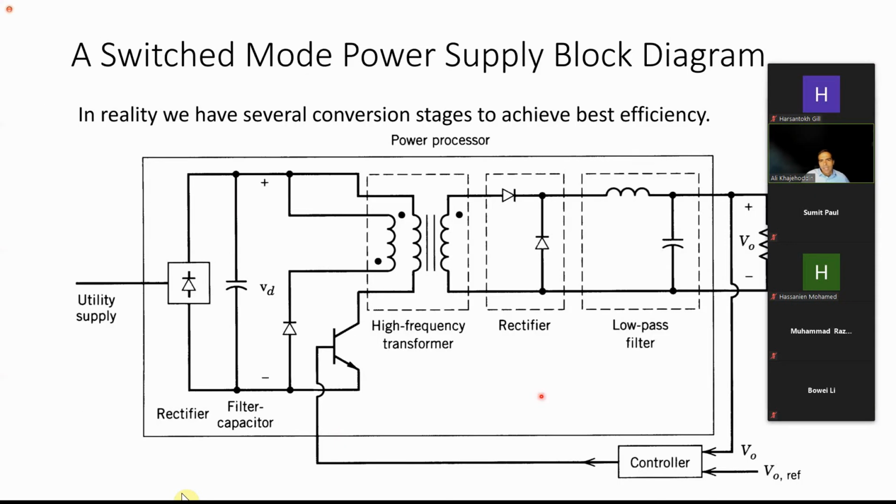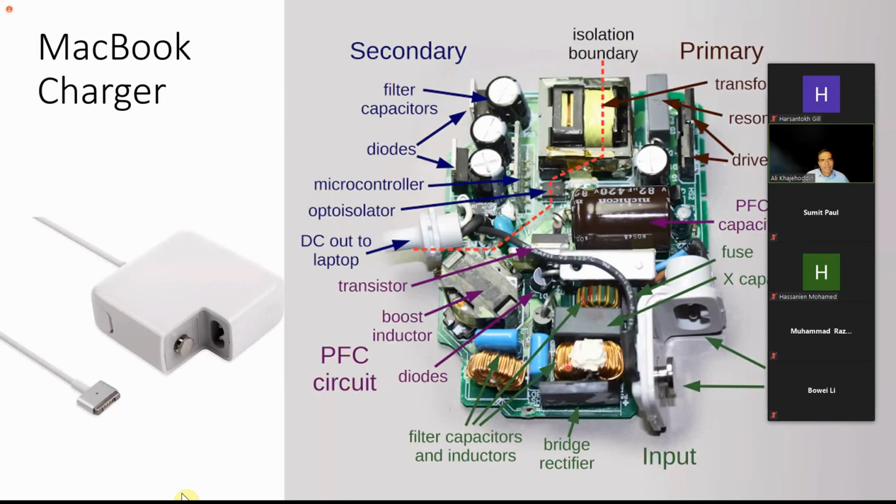So a converter here is converting AC to DC. It has different stages. We will talk about these in detail in this course. But what does it look like? It would look like something like this. This is a MacBook charger. A MacBook charger is a very small charger.